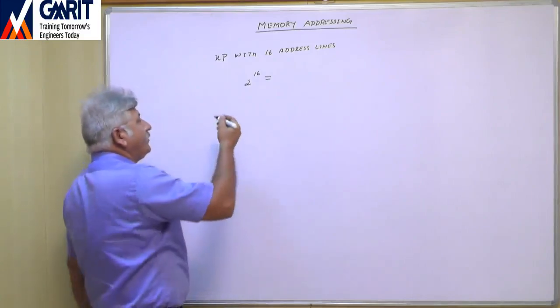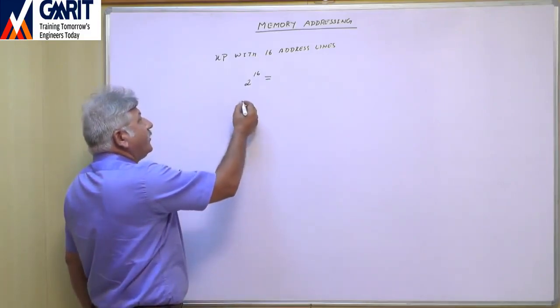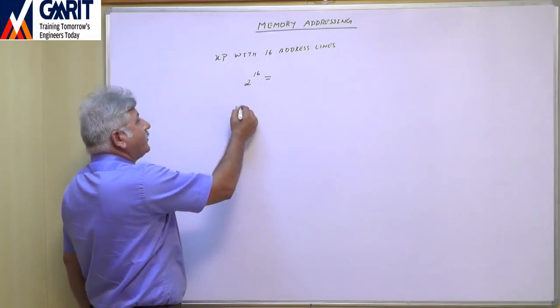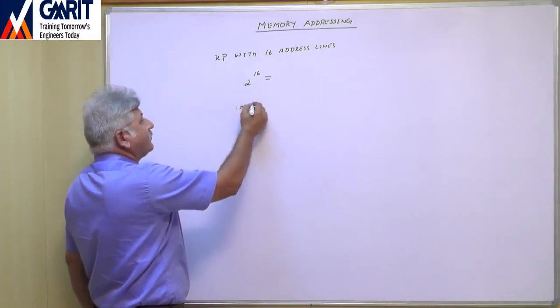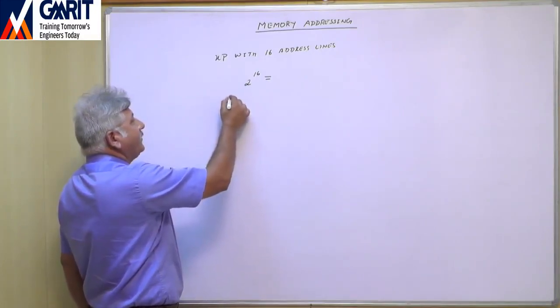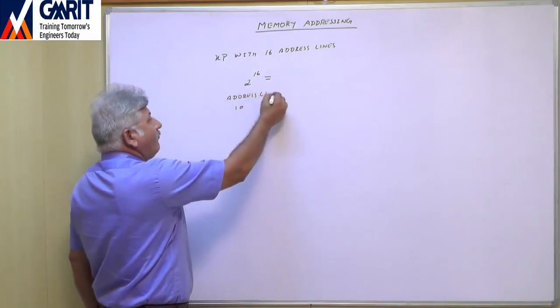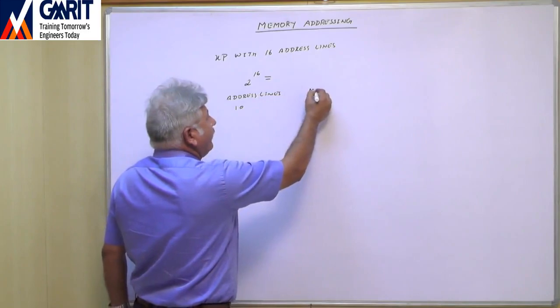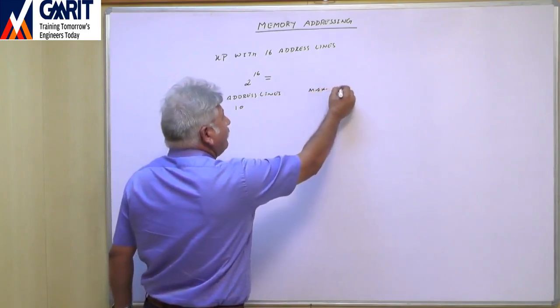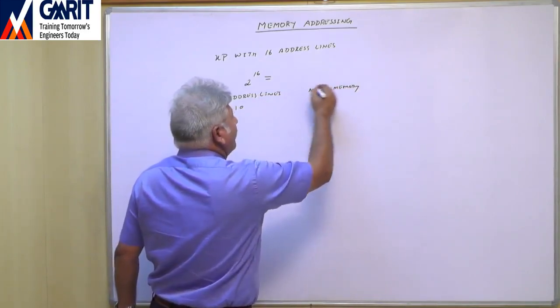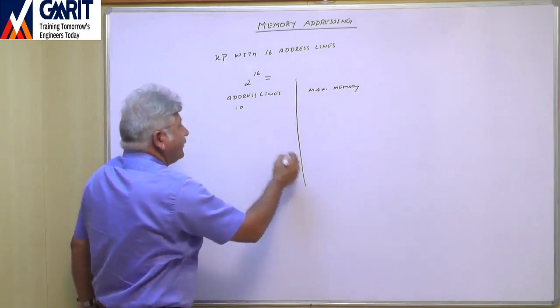So already we know that if there are 10 address lines, so here I will write address lines, and here the maximum memory which we can connect.